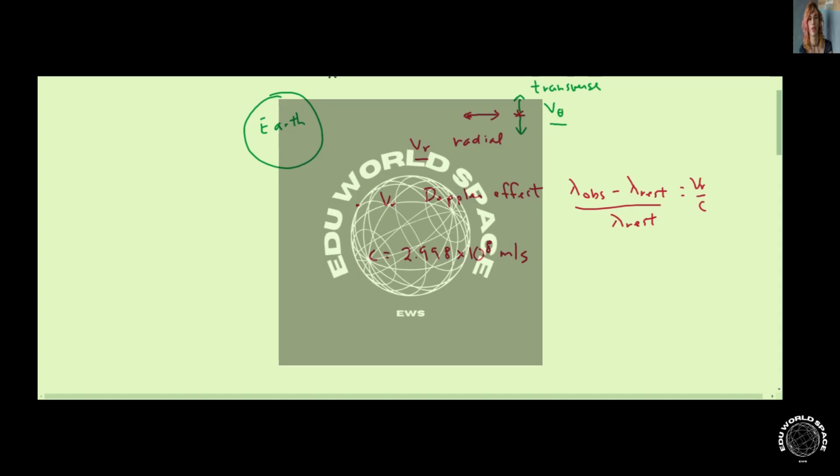So first of all, we get v over c, the radial velocity over c, is the difference in wavelength divided by the rest wavelength.